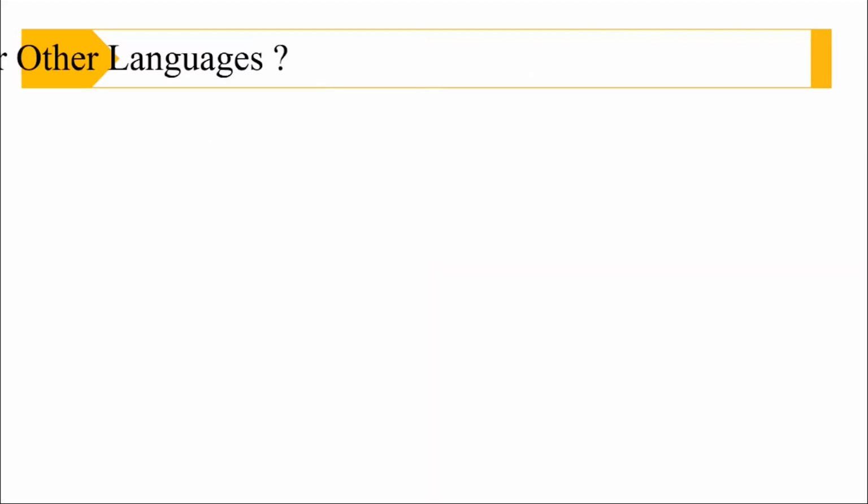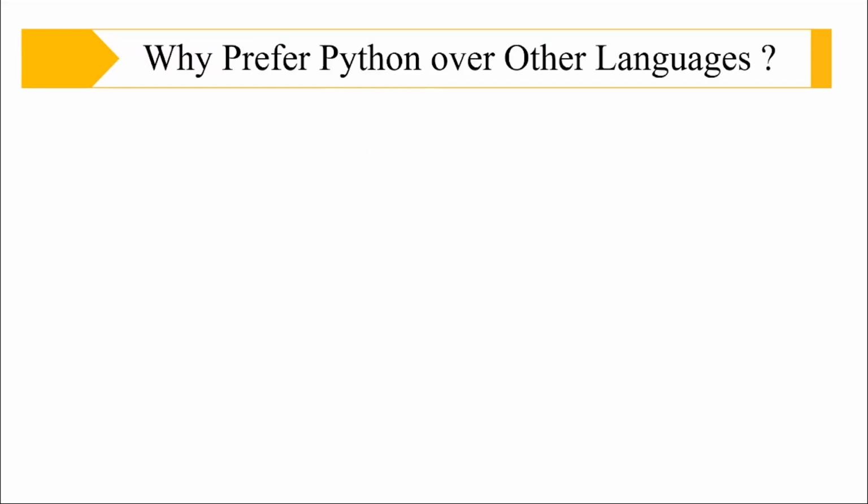Now let's move to why are we preferring Python over other languages despite other languages still available in the market, right? We already have C, C++, Java, .NET, and so many other programming languages, but why still Python is now preferred, though it has been invented long back? So let's see.